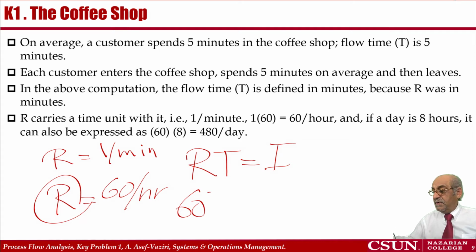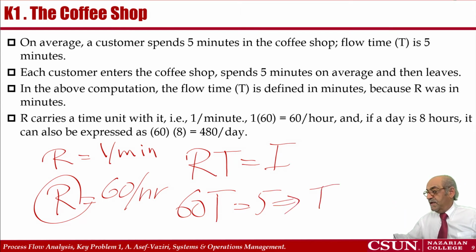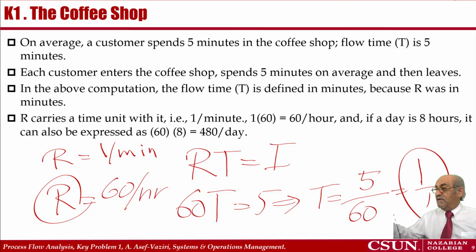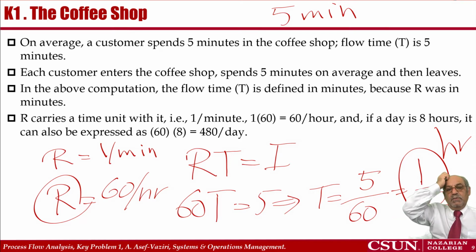Flow time, we don't know. Inventory is 5. Therefore, flow time is equal to 5 divided by 60, or 1/12. Before we had 5. Are they the same thing? Yes, because 5 is 5 minutes and 1/12 is 1/12 hours, and 1/12 hours is 5 minutes.